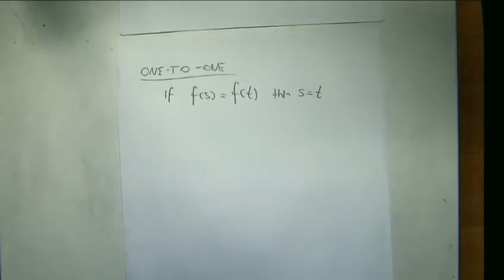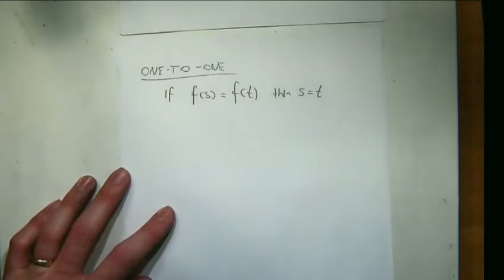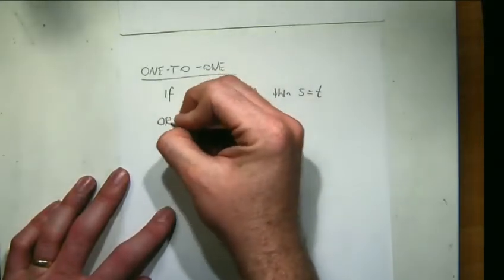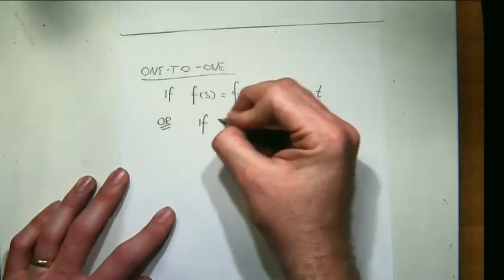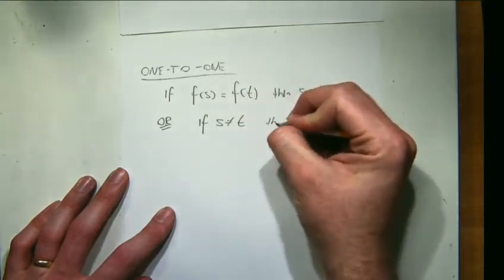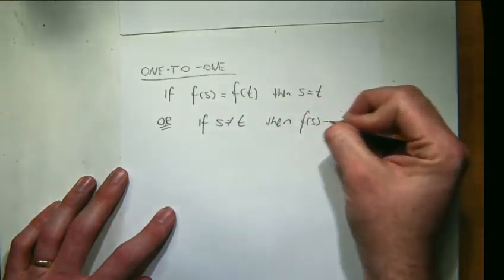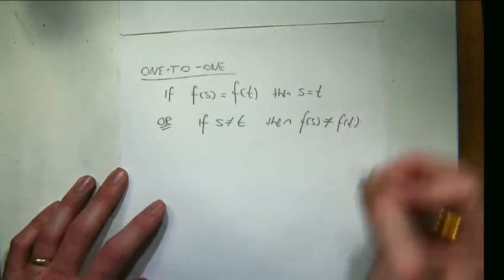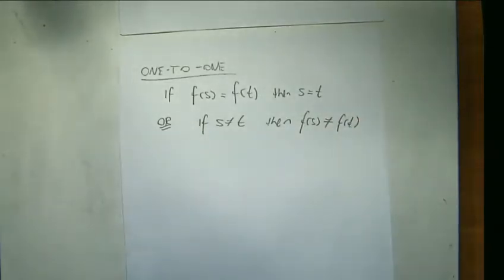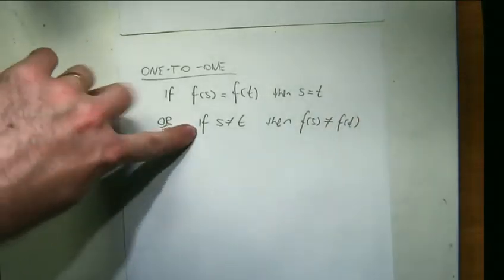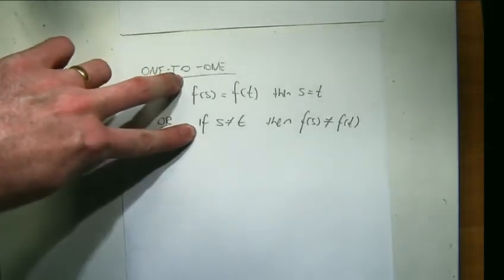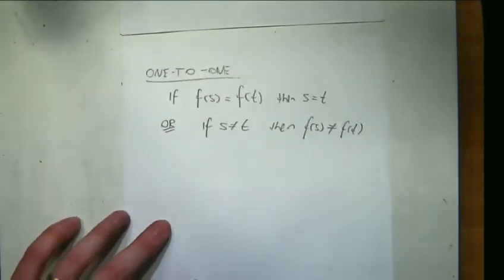Okay? So, alternatively, there's another version: if s is not equal to t, then f of s is not equal to f of t. Either one will do. They are both definitions of one-to-one, because this is the contrapositive of this. Okay?